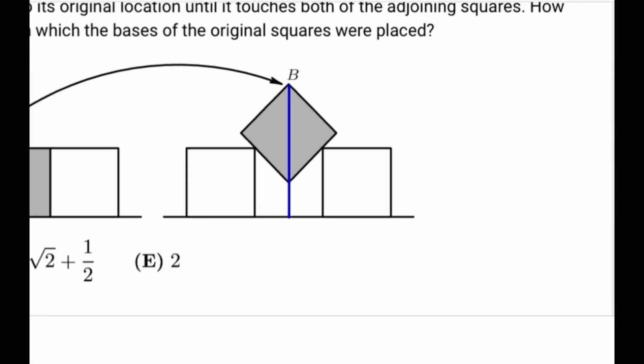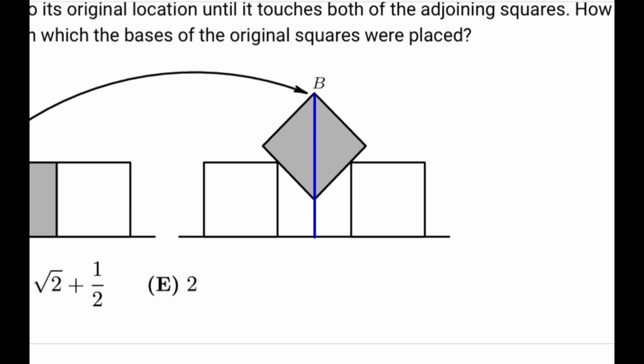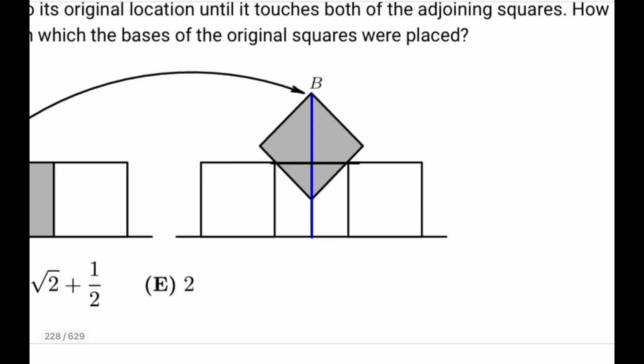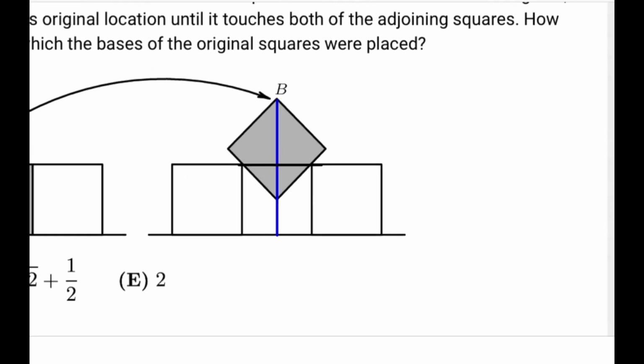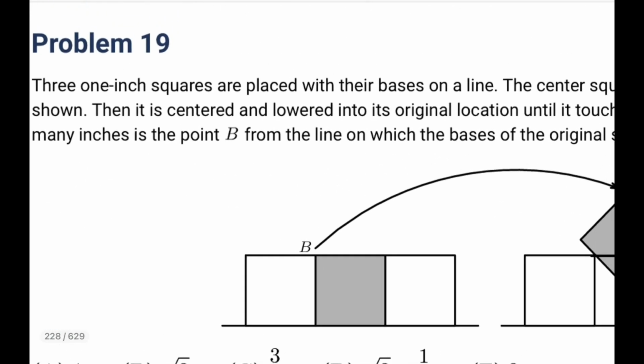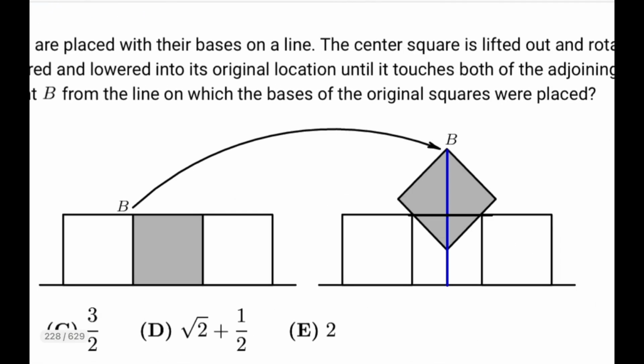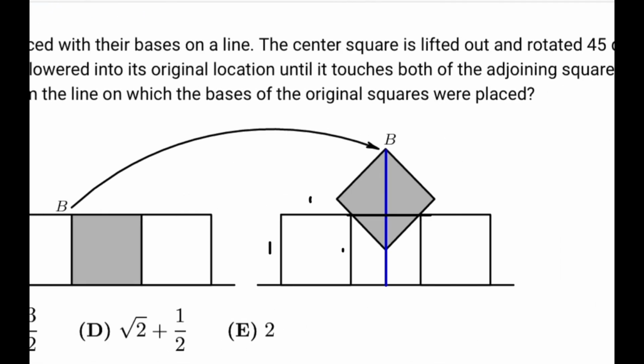But then what we need is just one line right here, straight line like that, yeah. And then we will be able to see that these are 1-inch squares, so this will be 1 inch, 1 inch, 1 inch.